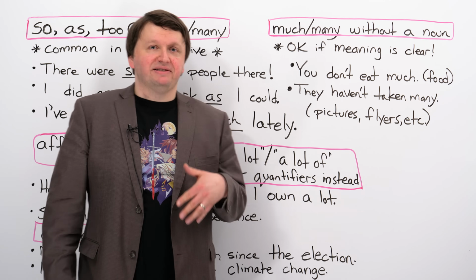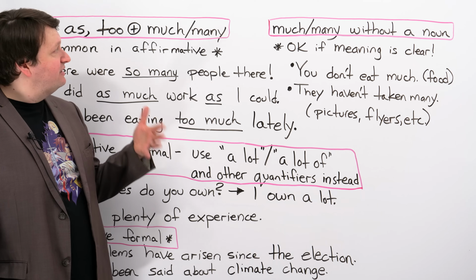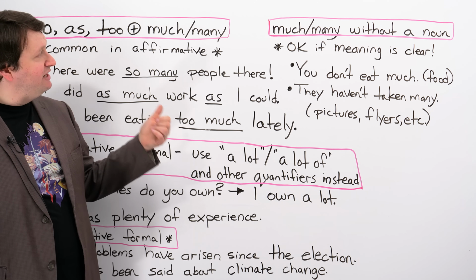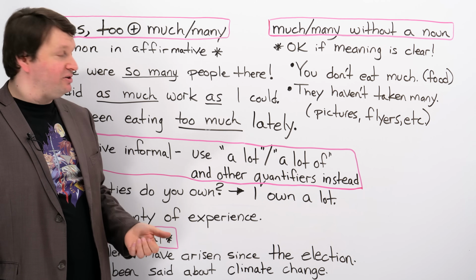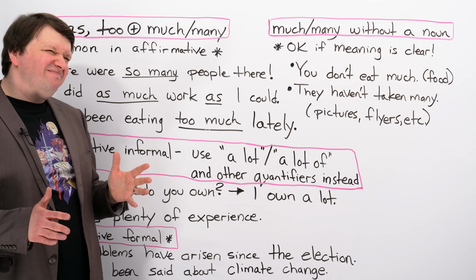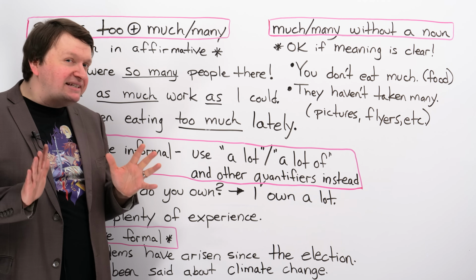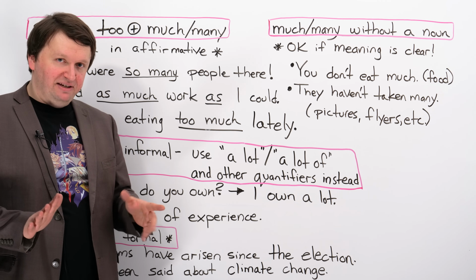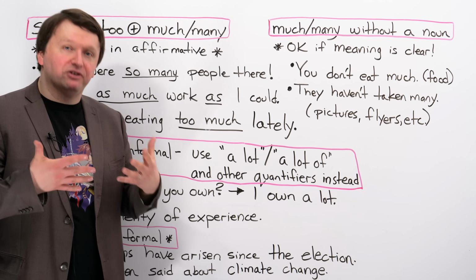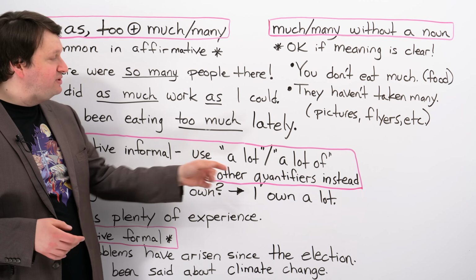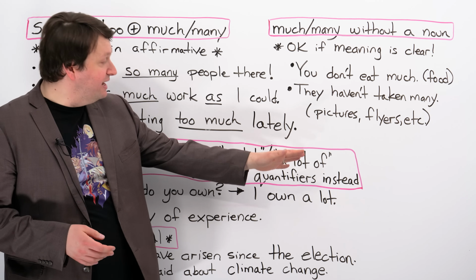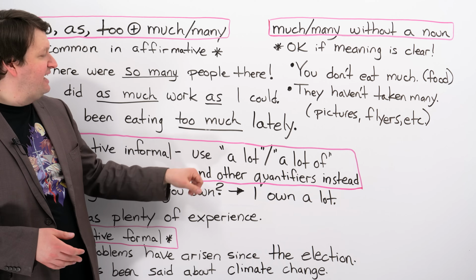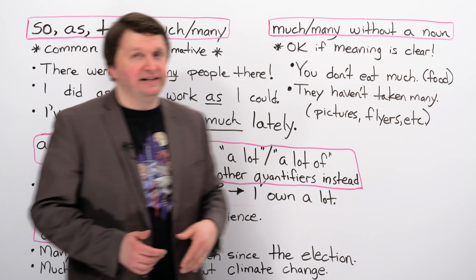However, if you want to make informal sentences with much or many and use much or many by themselves, you could, but it doesn't sound informal. So instead of much or many in informal affirmative sentences, use a lot of, lots, and other quantifiers instead.